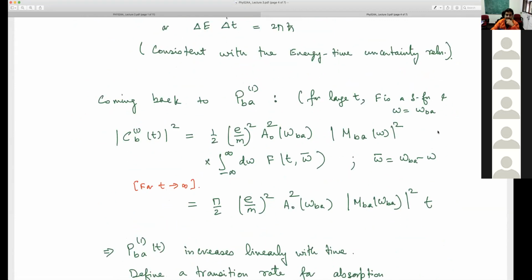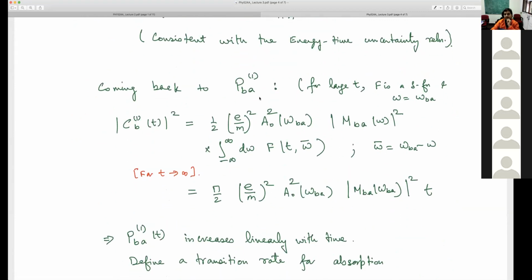Okay, now coming back to this probability, if I work for large times, so suppose my t is very large, then I argued just now that this f function is a delta function centered around omega is equal to omega_ba.